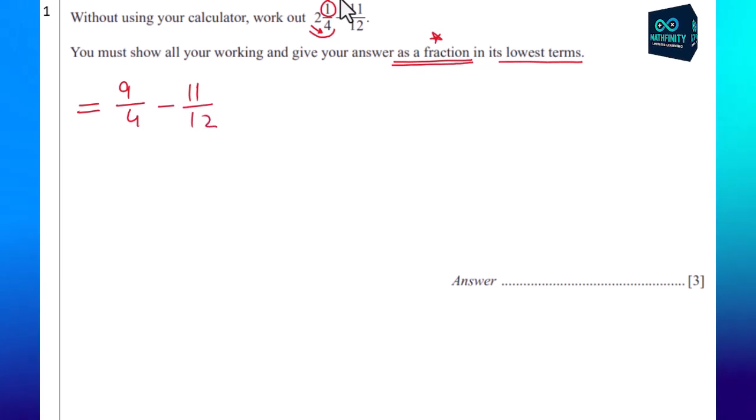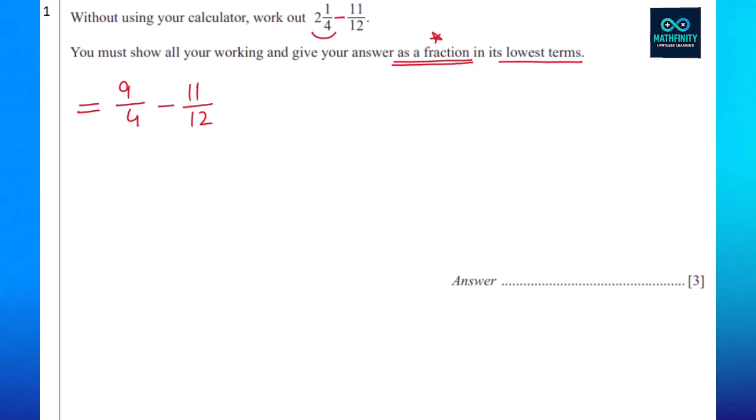This is the first step, as I explained in the introduction. Whatever the operation, here subtraction, before solving, if there is any mixed number, we have to convert it.